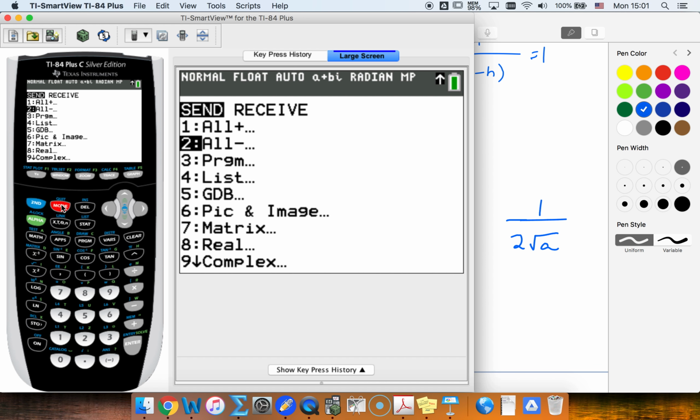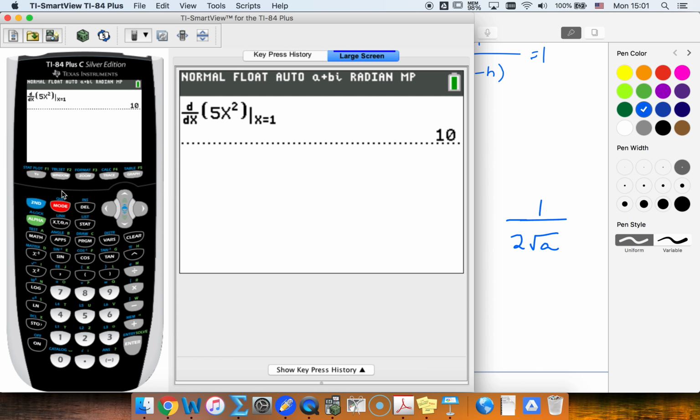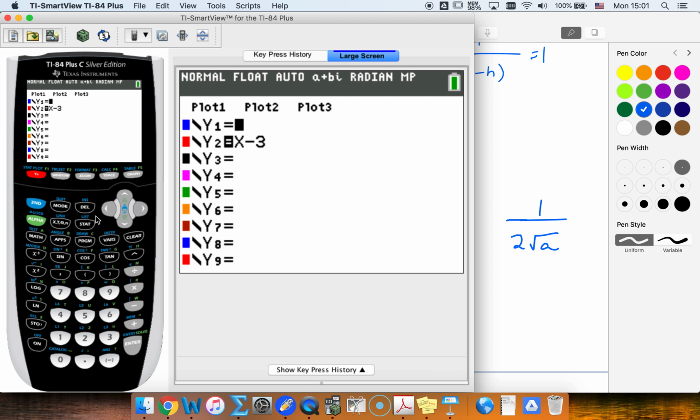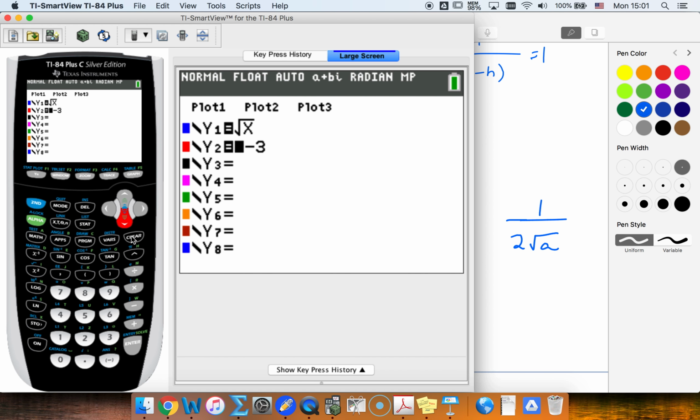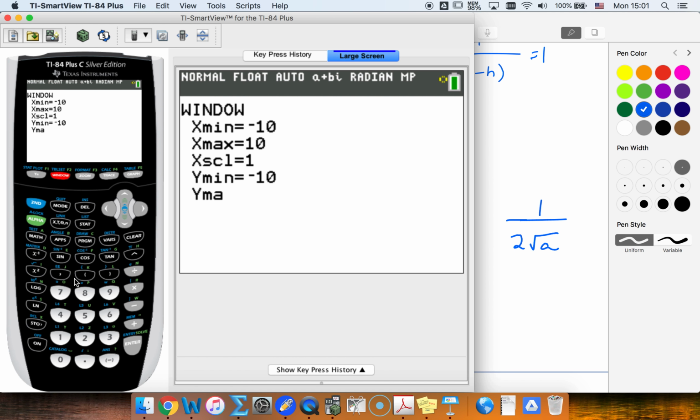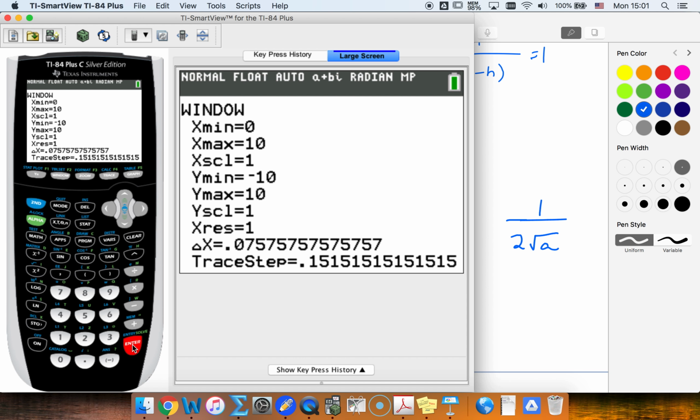Whoops. So y equals square root of x. I'm going to clear this out. I know that this graph really only exists in quadrant 1, so I'm going to change my window and go from 0 to 10 and also 0 to 10.